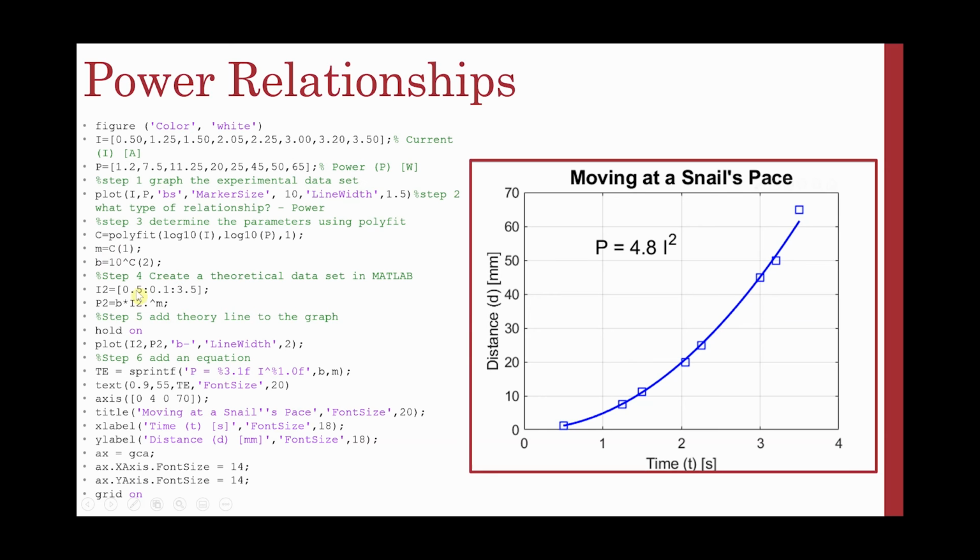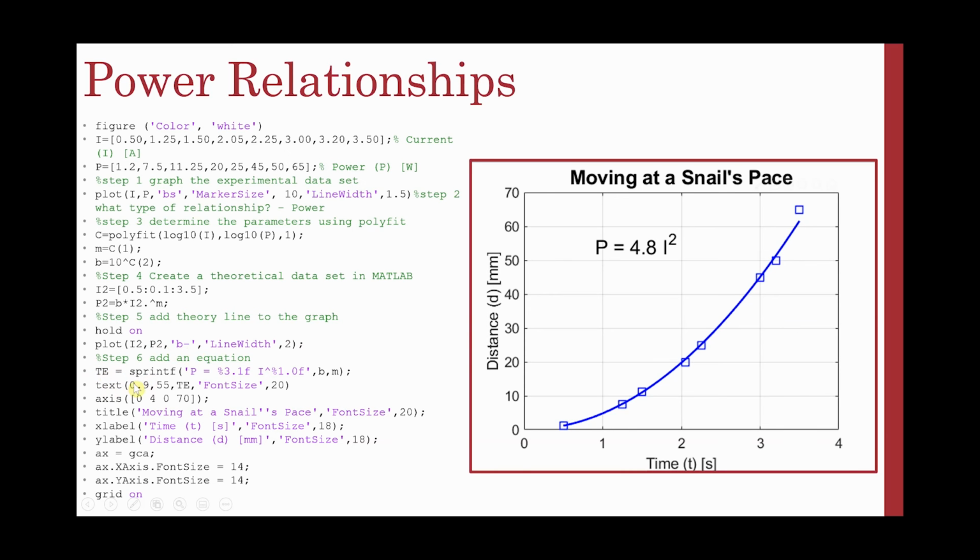Then we're going to create our theoretical data. So we have I2 equal to 0.5 to 3.5 in steps of 0.1. P2 is equal to b times I2 to the m. We're going to use our hold on function to be able to graph the second line, which is our second plot, I2 comma P2. We're going to make it a blue solid line with a width of 2. Again, we're going to make our text string, which we use our sprintf command for.